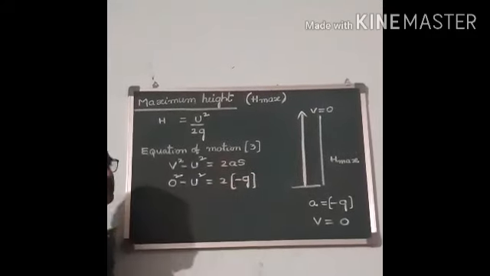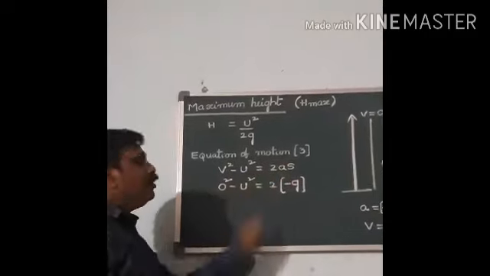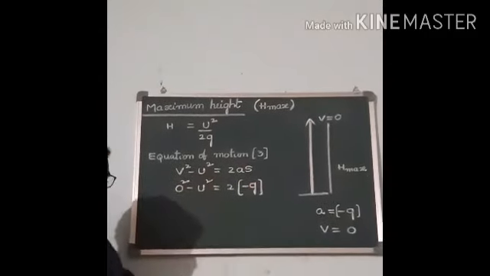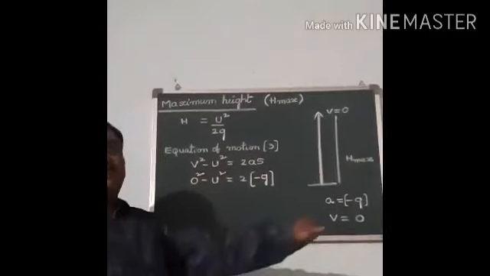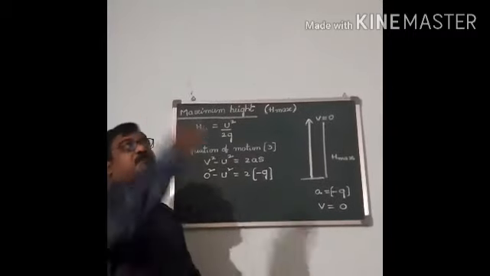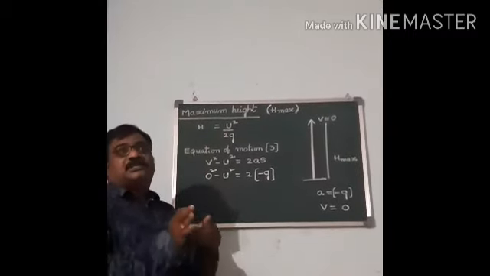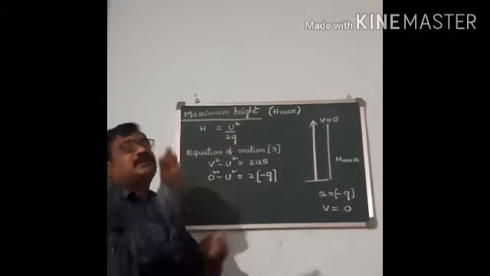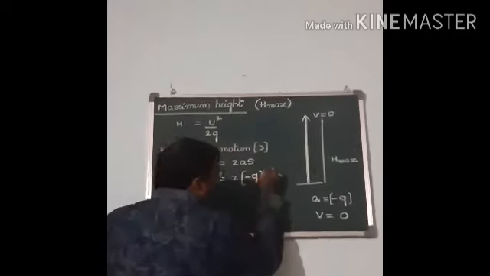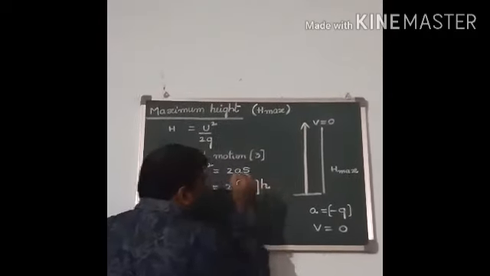Distance or displacement is converted to height. In linear motion it is how much distance travelled, but for a freely falling body or vertical upward motion, distance and displacement are converted to height. So s means height h.